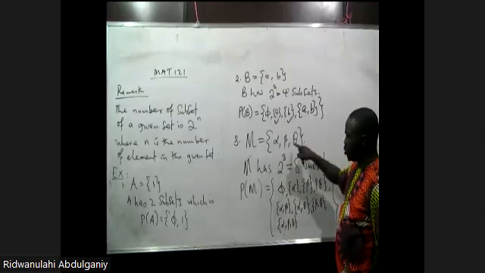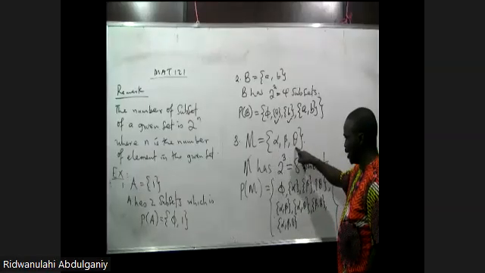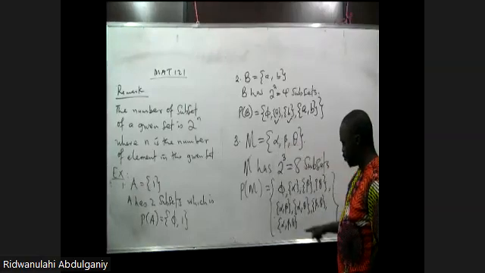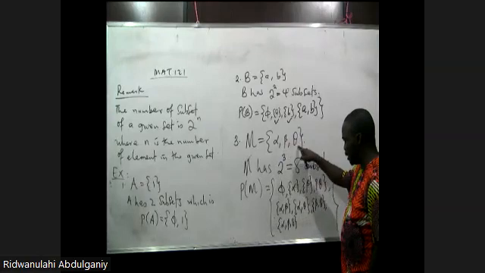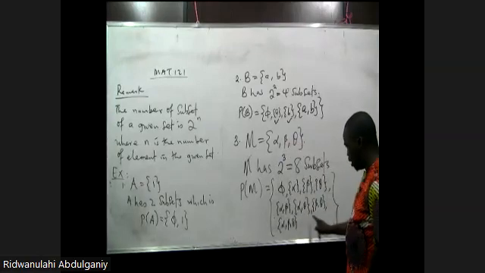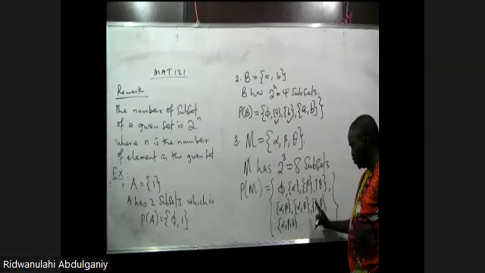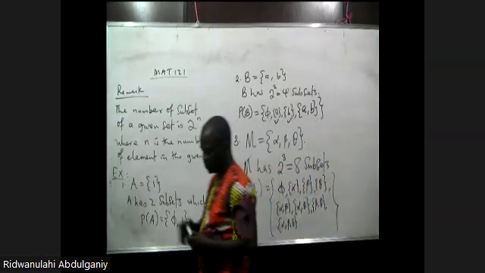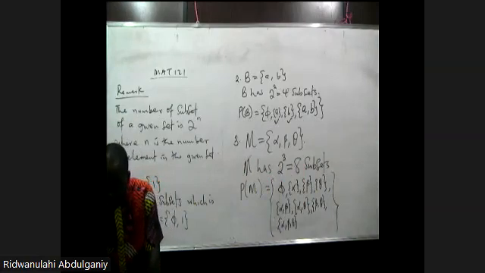You take the elements one by one, you pair them, and you must not repeat. Alpha, beta, alpha, theta. If I take beta, alpha, I would have repeated alpha, beta. So it now becomes beta, theta. If you count the number that we have here, you have 1, 2, 3, 4, 5, 6, 7, 8. We have 8 of them.